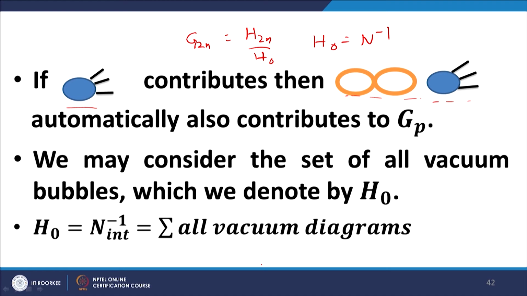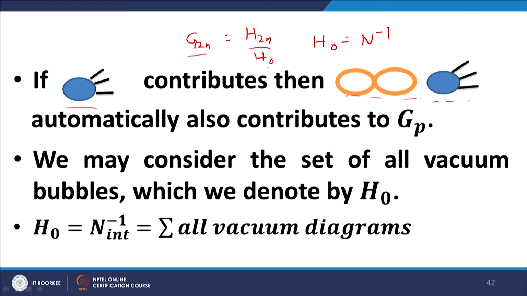So, when we work out the sum of the Feynman diagrams to compute the green function, say G2n, we first of all include all the possible Feynman diagrams, and then remove from them all those Feynman diagrams that constitute vacuum bubbles.